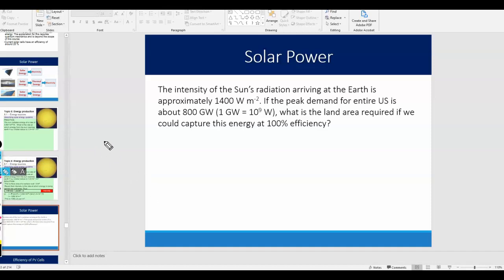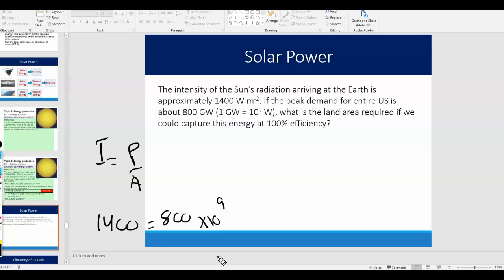All right, so we know I equals P over A, and we know that the intensity from the sun is about 1400 watts per square meter, and we need a power equal to about 800 times 10 to the 9 watts, right? 800 gigawatts.